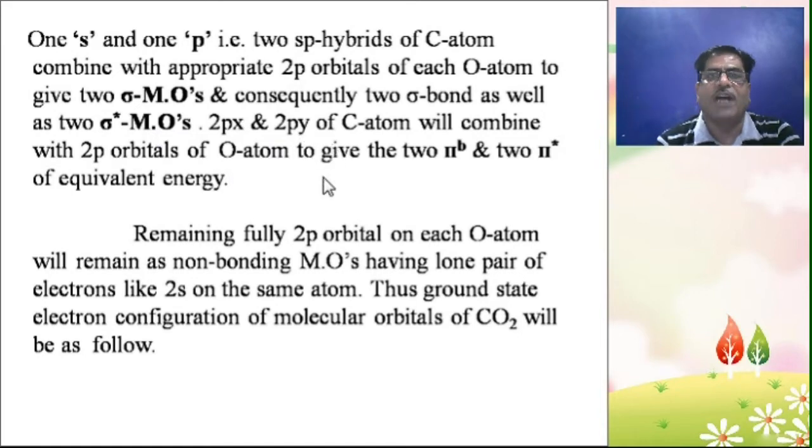The 2px and 2py of the carbon atom combine with the 2p orbitals of the oxygen atoms to give 2 pi bonding and 2 pi star anti-bonding orbitals of equivalent energy. The remaining fully filled 2p orbitals on each oxygen atom remain as non-bonding MOs having lone pairs of electrons, like the 2s on the same atom. Thus, the ground state molecular orbital electronic configuration of CO2 will be as follows.